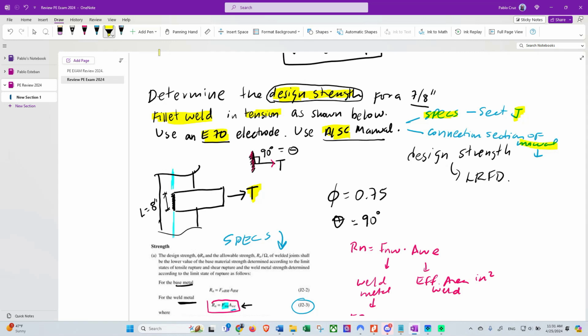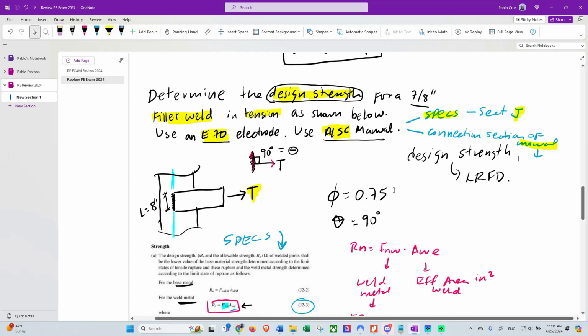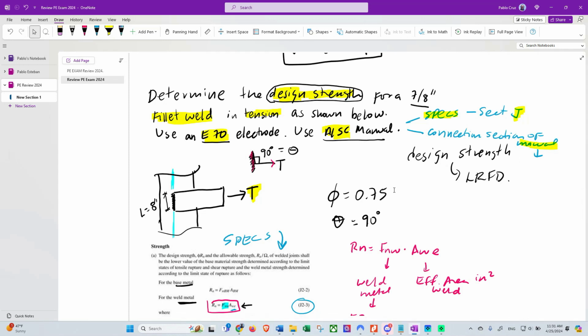So we're going to look briefly at those two sections. To make things easier, I already pasted here the sections that I'm referring to.